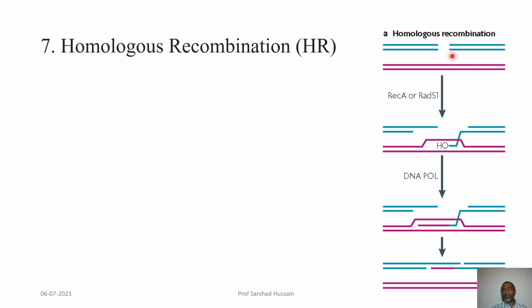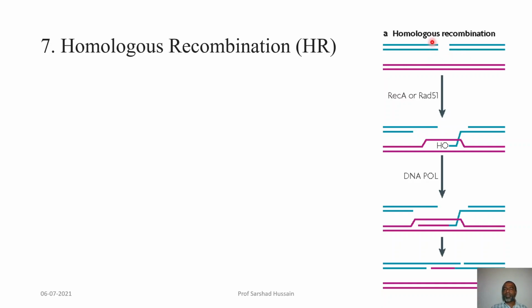Homologous recombination means you have a double strand break in this chromosome, but every individual has two chromosomes. After replication, after the synthesis of the DNA in the S phase, you will have two chromosomes, that means double the amount of DNA.